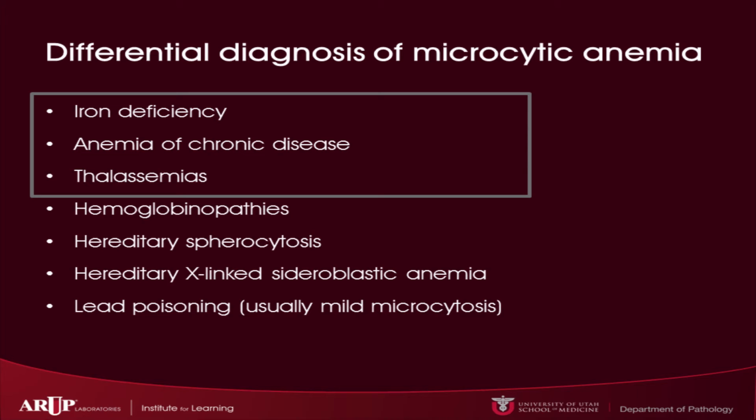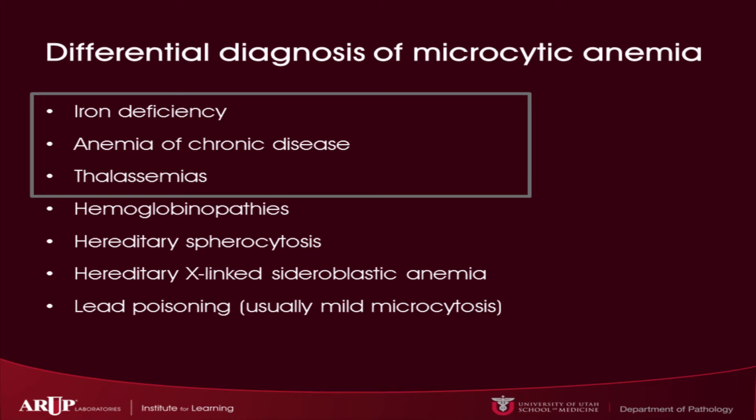The most common would be iron deficiency anemia, and we'll talk about that in a little bit more detail. Iron deficiency anemia and thalassemias. Anemia of chronic disease is also a common cause of microcytic anemia, but again, anemia of chronic disease encompasses so many different causes of anemia, so many underlying diseases.